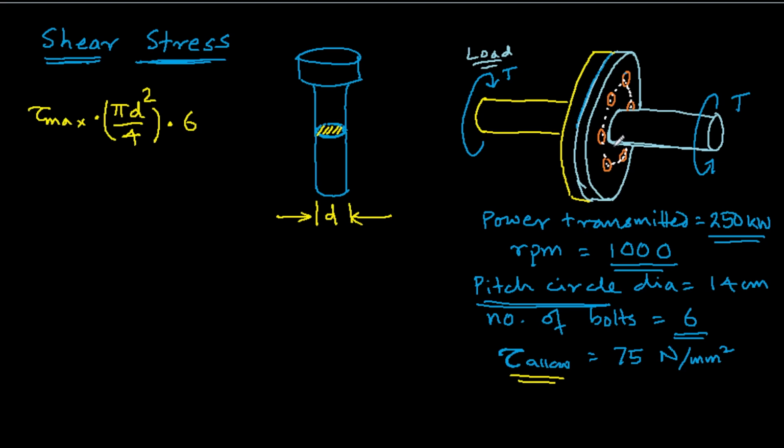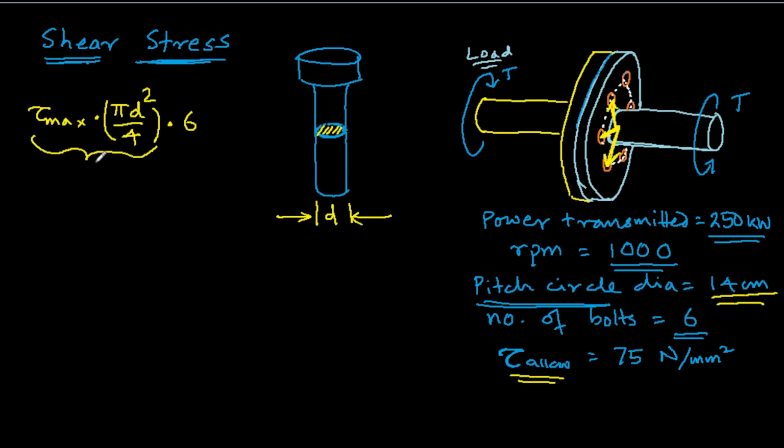Because here it is the torque which is getting transmitted, and this is the load, this force times this distance, this radius, which is 7 centimeters, is the torque resisted by each of the bolts. Similarly there will be another one, and so on.